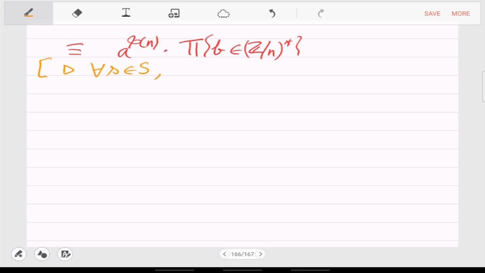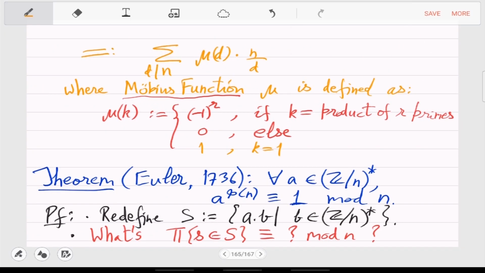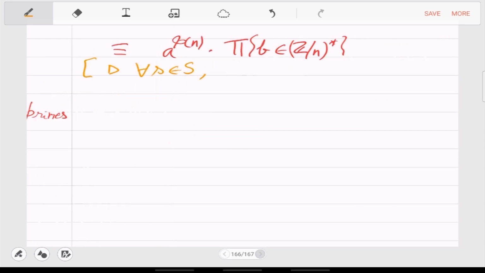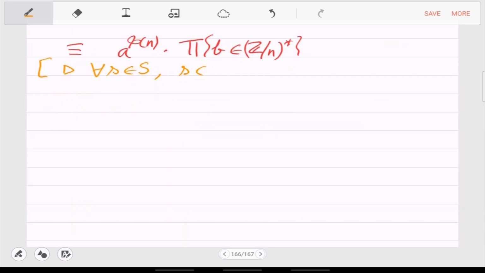No, right? Because small s is basically a times b. If it shares a factor with n, a is already co-prime to n, so then b has to share a factor with n. But b is also co-prime to n, so it's not possible. So this small s is actually in Zn star.